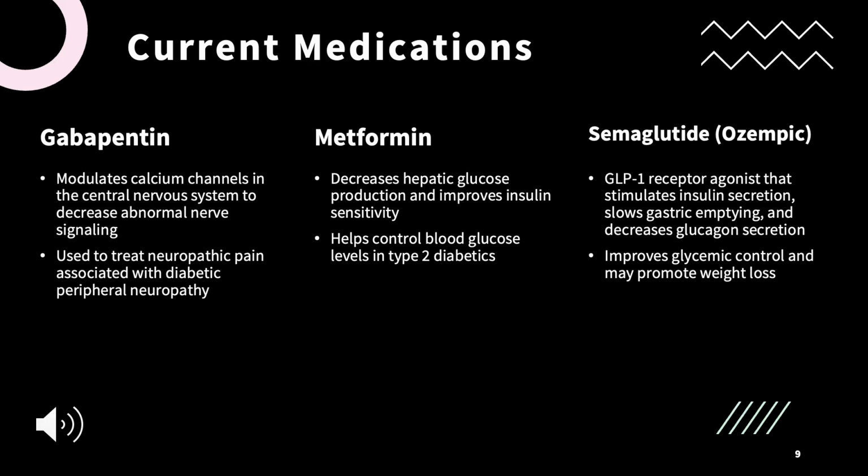Semaglutide, also known as Ozempic, is a GLP-1 receptor agonist that stimulates insulin secretion, slows gastric emptying, and promotes weight loss. Improving glycemic control is one of the most important interventions to slow progression of diabetic neuropathy.